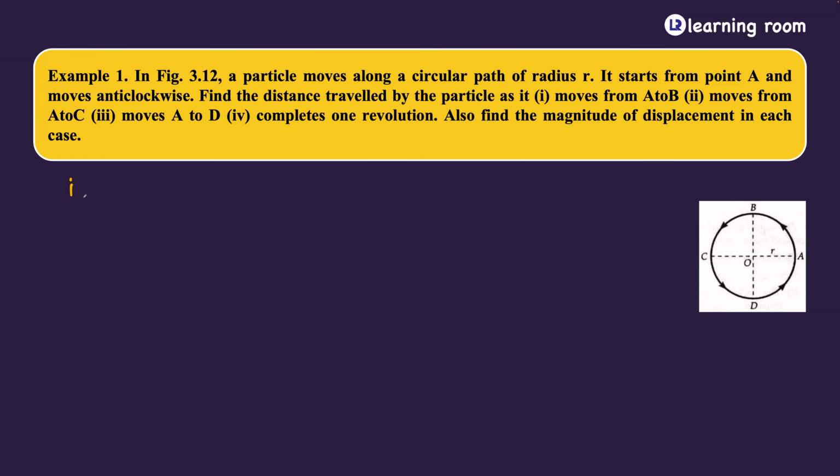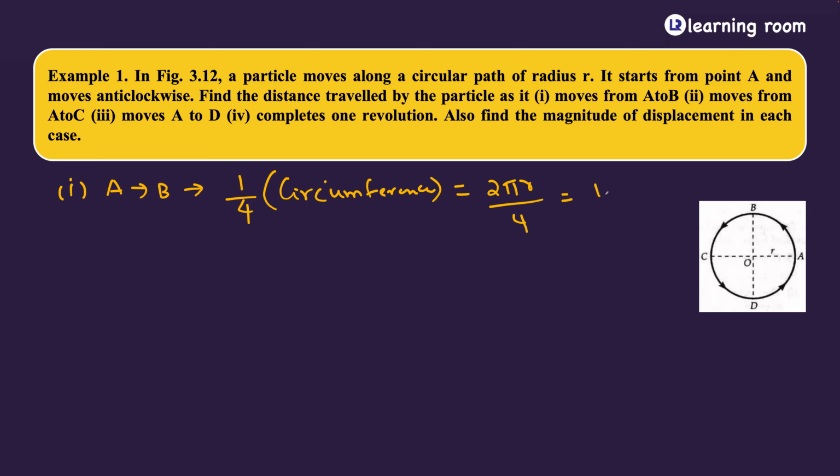It's very simple. If it is a complete revolution, it is the circumference. When it goes from A to B, it completes 1/4 of the circumference. The circumference is 2 pi r, so 2 pi r by 4, which is equal to pi r divided by 2.